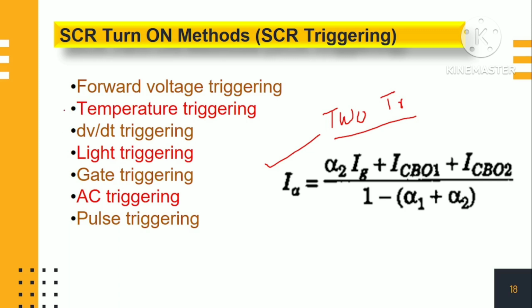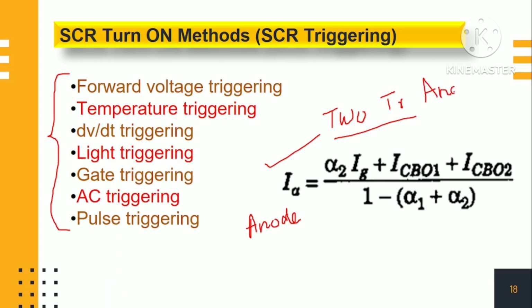In order to understand those methods, we must understand the anode current equation of the SCR, which is derived from the two transistor analogy of SCR.